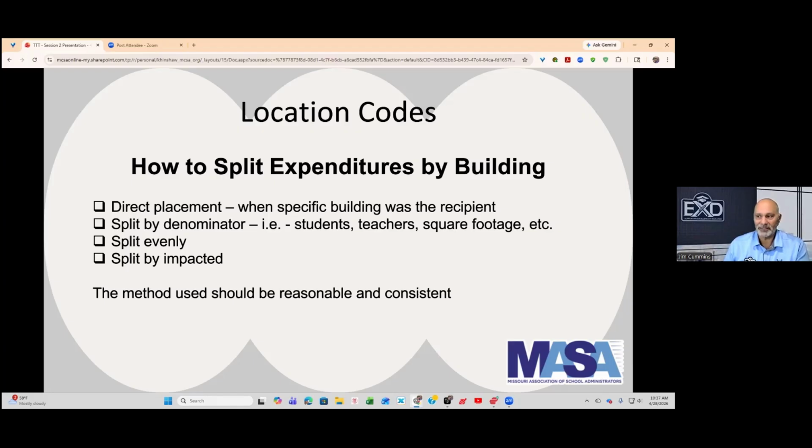You can do it by teachers. You could do it by the square footage if it was something that was servicing the building. So if there's a group of people going, or it's for all of the buildings, you can split it by the denominator.